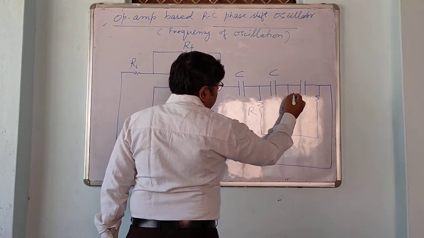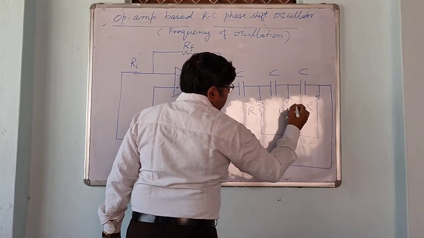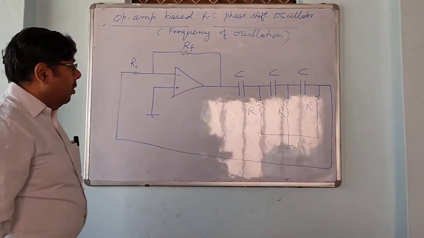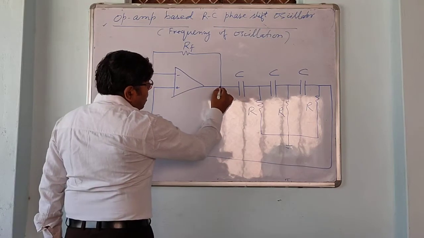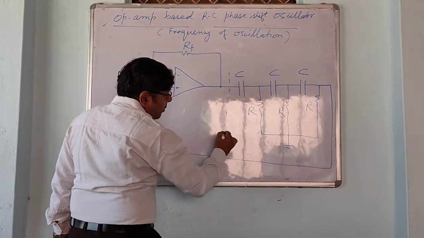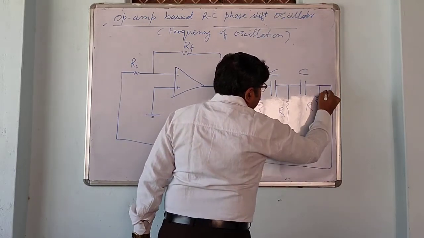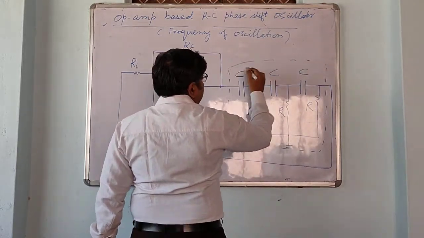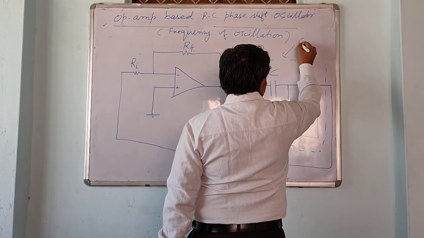Capacitance and resistance, combination of this. So output of this operational amplifier is the input of this feedback network. This is the feedback network.